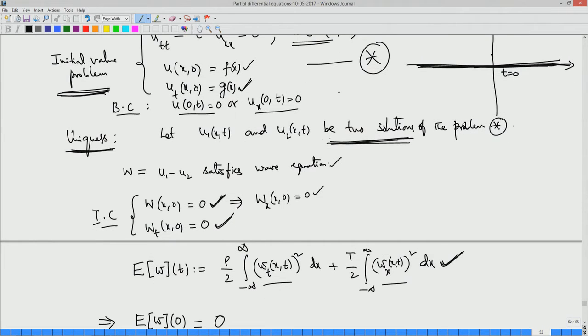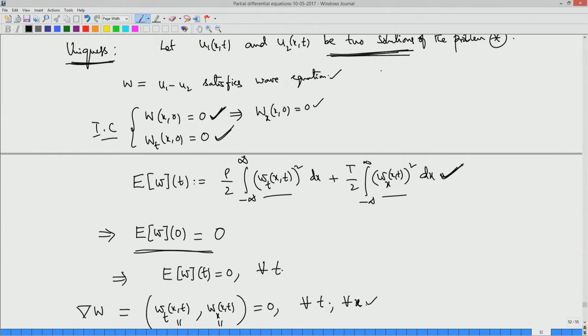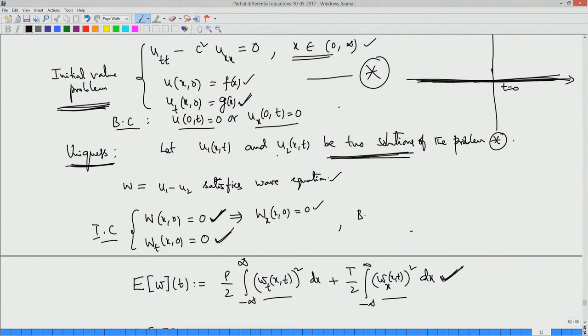Assume that u1 and u2 are two solutions of this problem, then you can see that the difference w is also satisfying the wave equation in this domain, and w at (x,0) is 0, wt at (x,0) is also 0, because it is the same f. u1 at (x,0) is f(x), u2 at (x,0) is also f(x). So, the difference is 0. Only the boundary condition will change, so w at (0,t) is 0 or wx at (0,t) is also 0, okay.